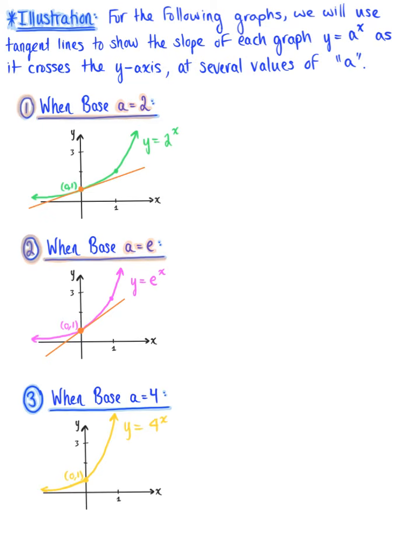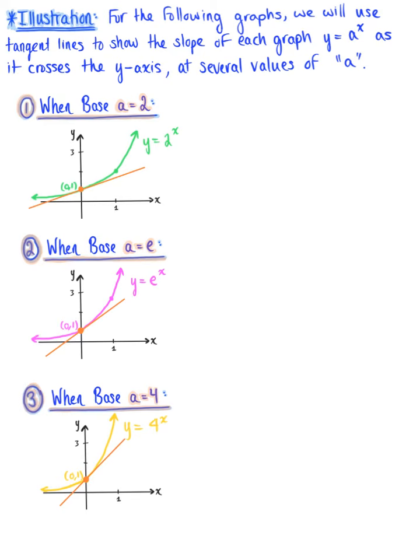And last but not least, in case 3, we are considering an exponential function of base 4, or y equals 4 to the x. And again, our point of tangency is where this graph is crossing the y-axis, so that point 0, 1. And drawing our tangent line to this point here.